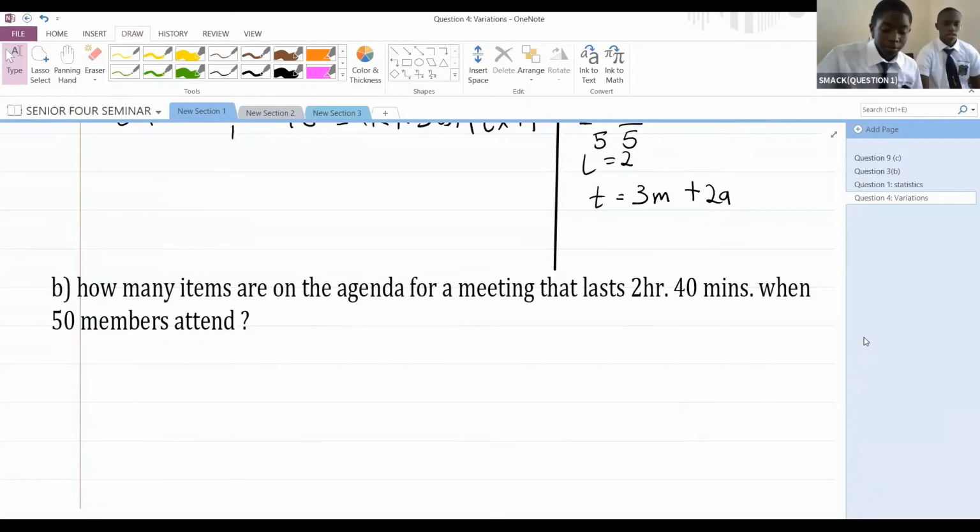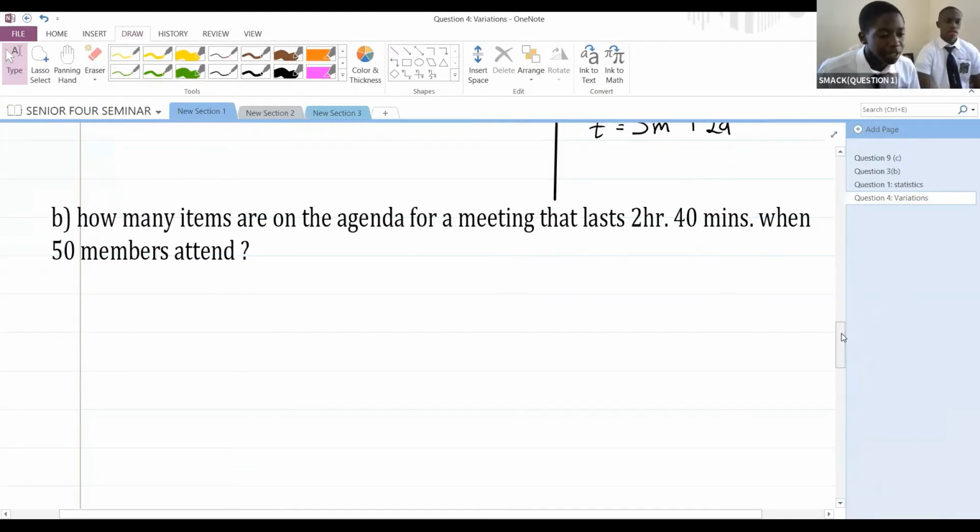My name is Jalil, and we would like to do number B, which says: how many items are on the agenda for a meeting which lasts 2 hours, 40 minutes when 50 members attend? So we have our equation as T is equal to 3M plus 2A.